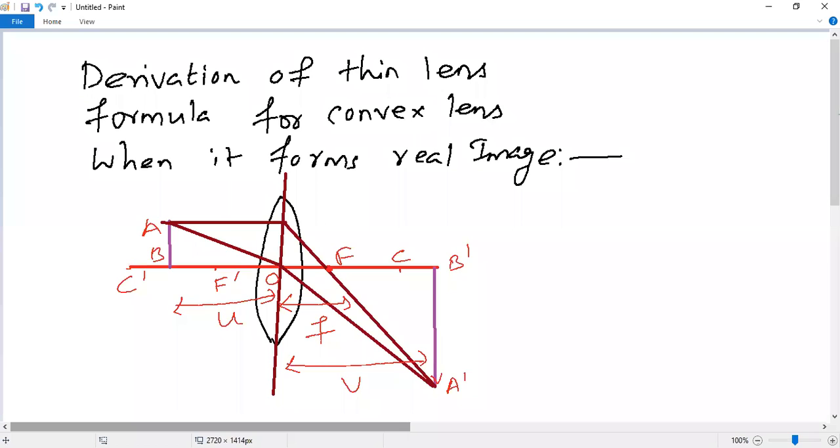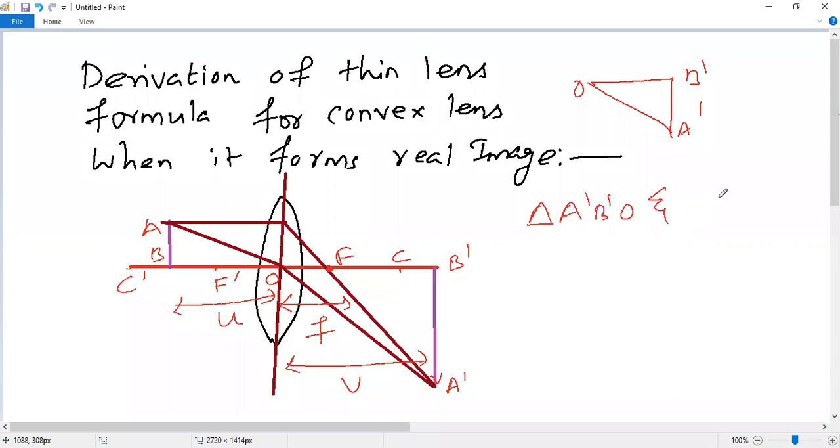Now, I will take triangle A dash B dash O from the optical center, and triangle ABO.